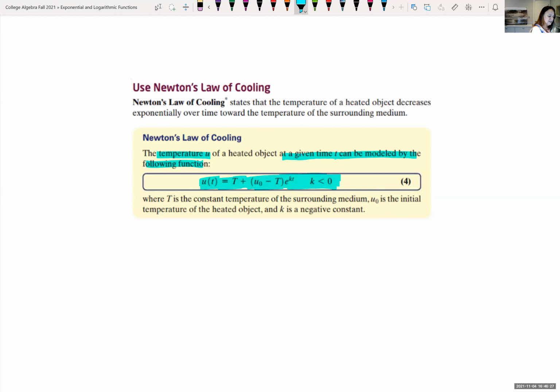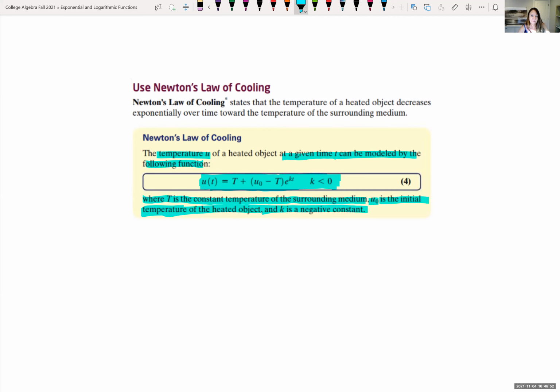Again, that constant k being less than 0 makes sense because our temperature is going down, it's cooling, so it has to be negative. Where T is the constant temperature of the surrounding medium, U sub 0 is the initial temperature of the heated object, and k is that negative constant.